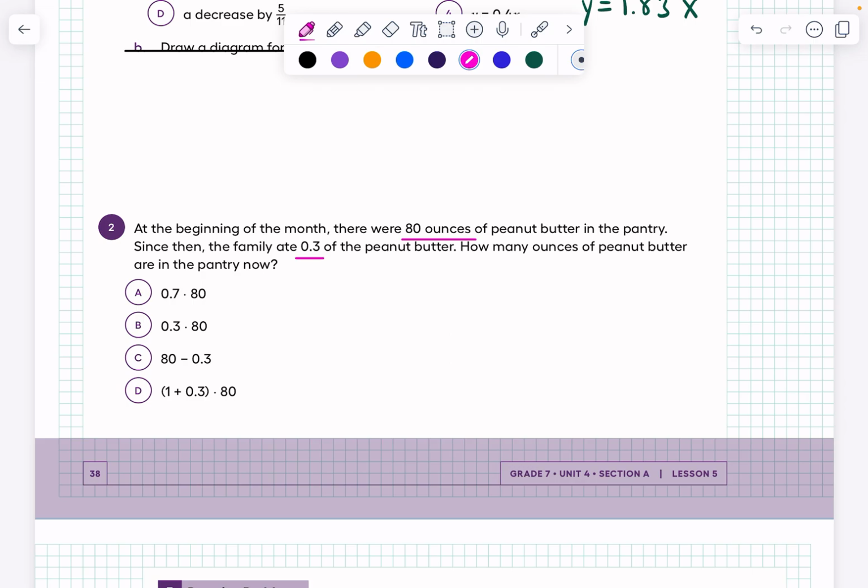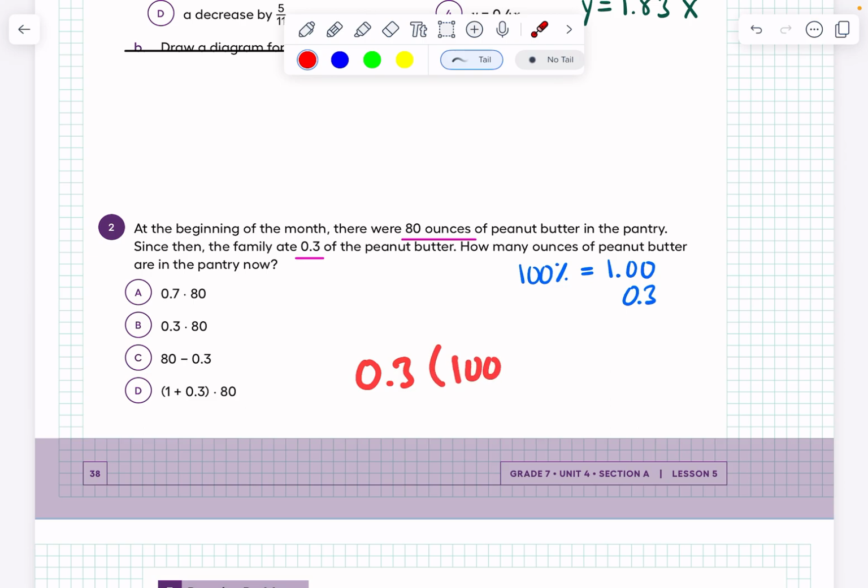It is very important that you understand that 100% as a decimal is 1.00. When they talk about 0.3, that means 0.3. If you want to change 0.3 to a percent, I multiply this by 100, and that means 0.3 is 30%. Okay?